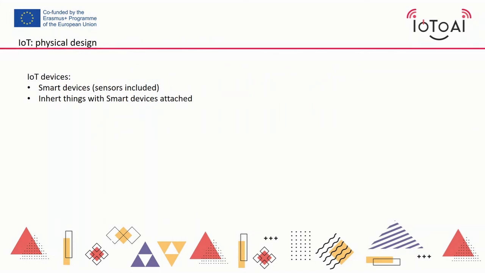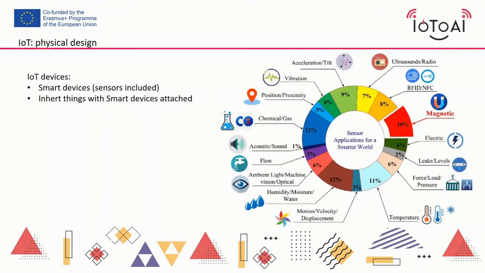We start with some of the key points of IoT technology. We focus on the physical design, and students will learn that there are two different IoT devices: smart devices, that are those that include a sensor, vibration, precision, acoustic, sound, humidity, etc. And those IoT devices that in fact are inert things with smart devices attached.